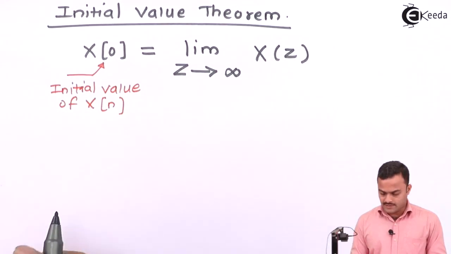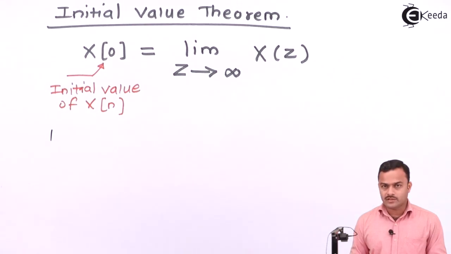And the final value theorem tells us a final value which can be obtained without knowing the signal.